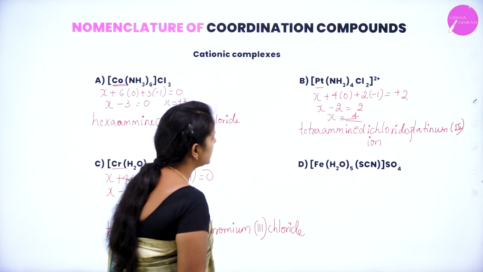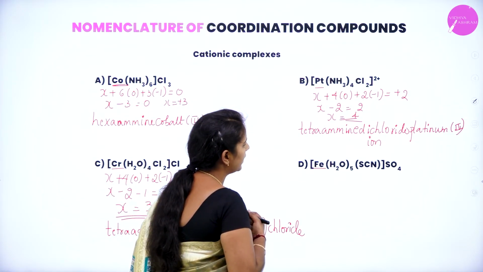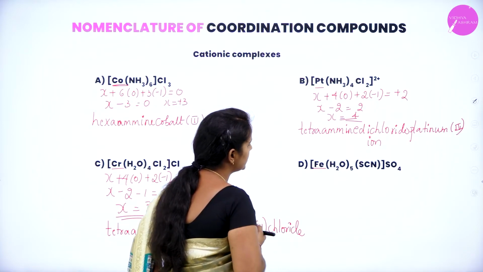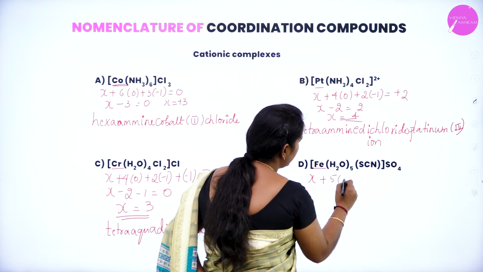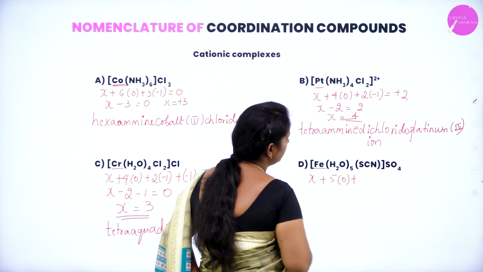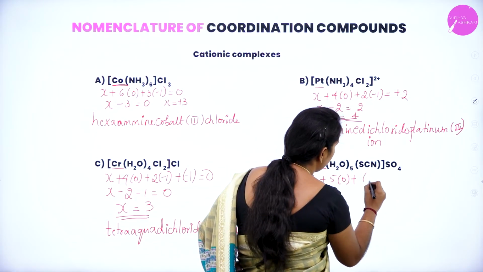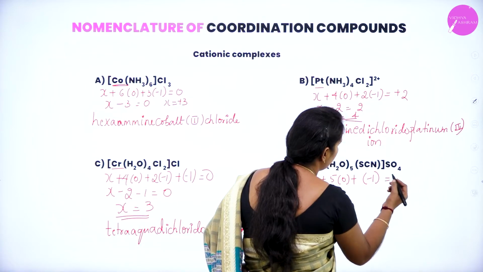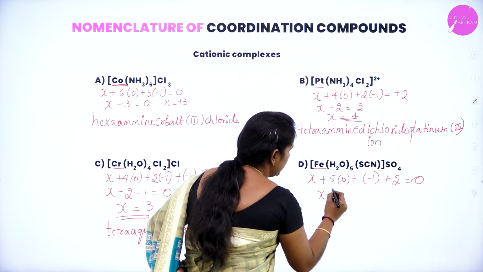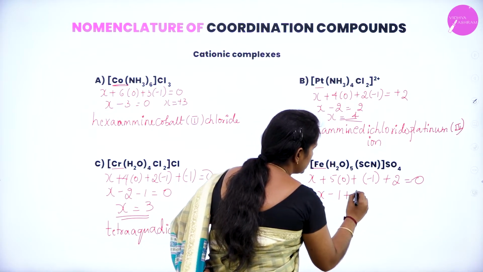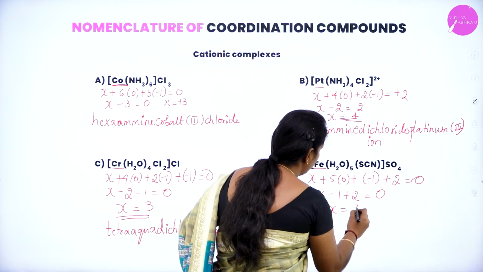So we have one more example here. The iron is the central atom. So how do we calculate the oxidation state for the iron? It is X plus 5 into 0. For the thiocyanate, we know that it carries -1, and we know that SO4 will carry -2. So it is X plus 5 into 0 minus 1 plus 2 is equal to 0, and X is equal to 3.